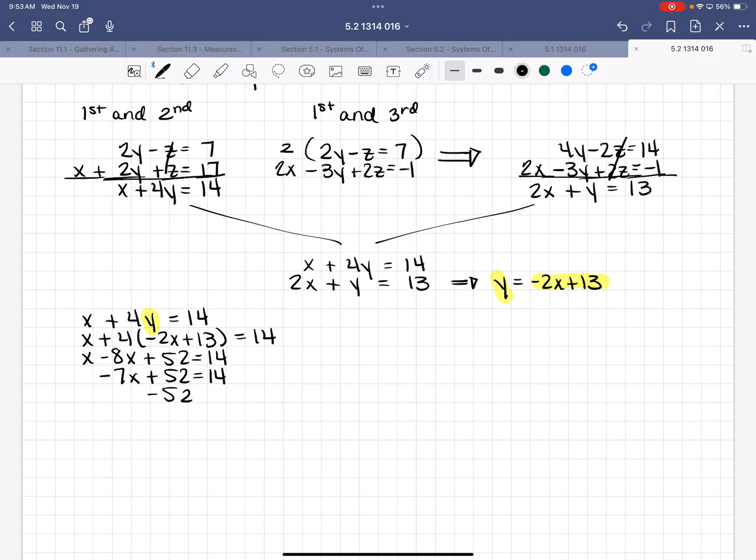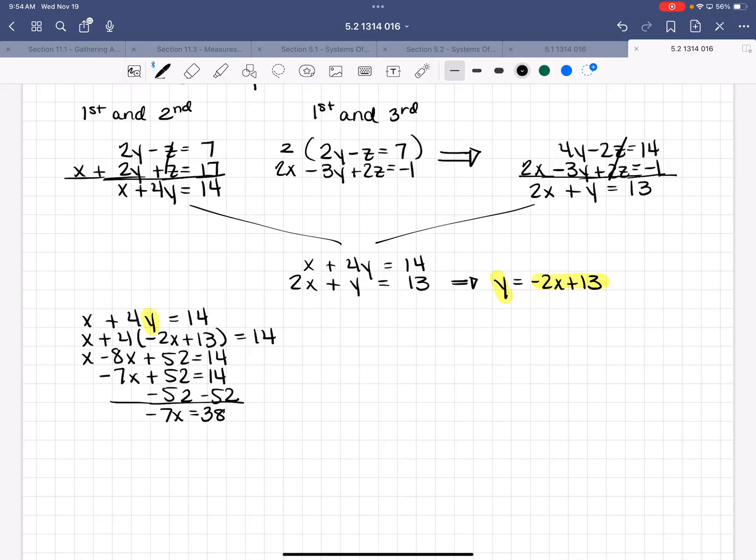Subtract that 52. That's going to give me -7x equals, what is that going to be? Will it be negative? So 12 minus 4 is 8, right? And 38? Ooh, that's ugly.